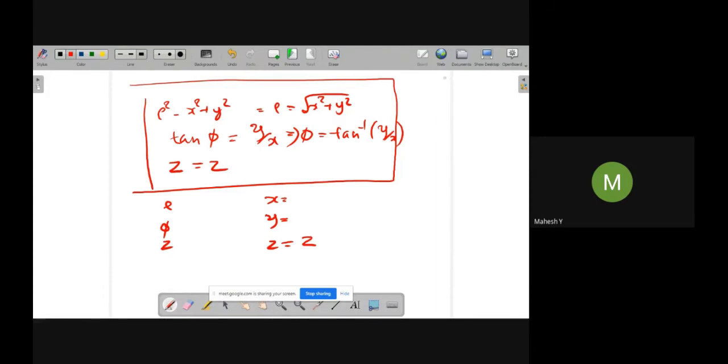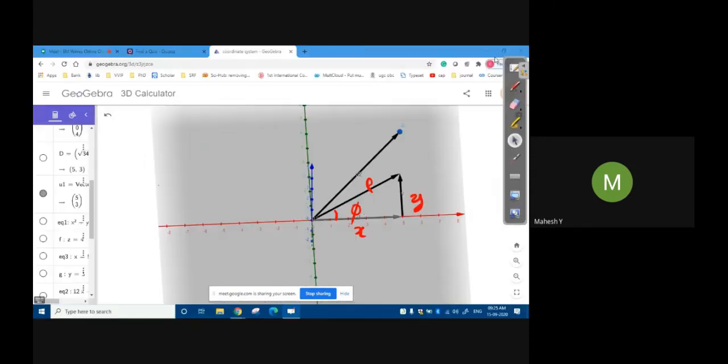So can we go for the simulation here? Can you tell me what is x and y in terms of rho? So I want a relation between rho, x and phi. So this is adjacent, this is hypotenuse. So what is cos phi?